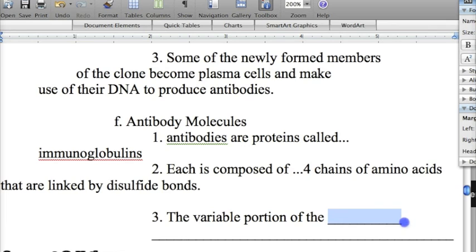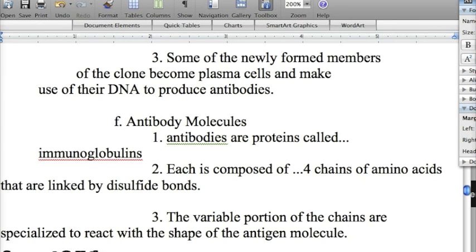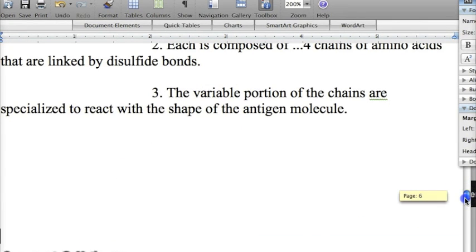The variable portion of the chain are specialized to react with the shape of the antigen molecule. So that's where we get that concept of the different shapes of the antibodies. So they each have, in that variable region, the ability to attach to different antigens. So continuing to our next page here.